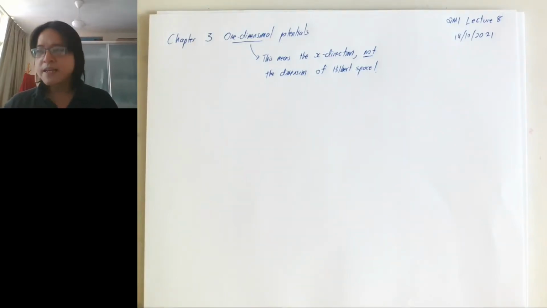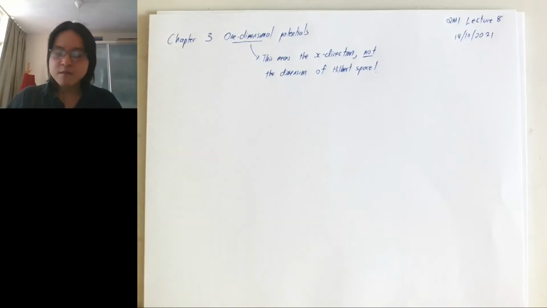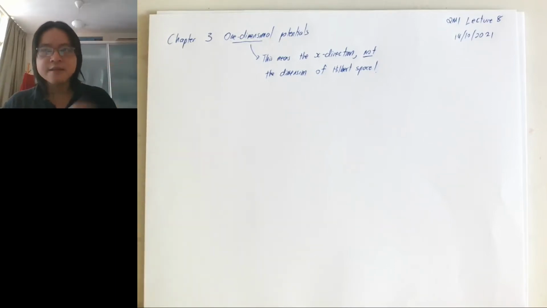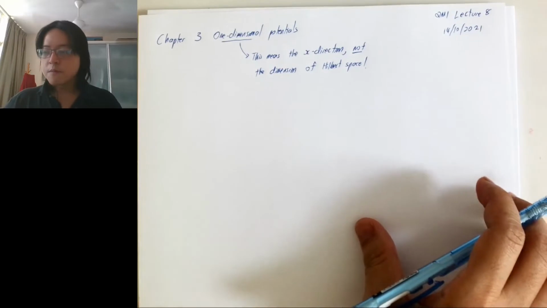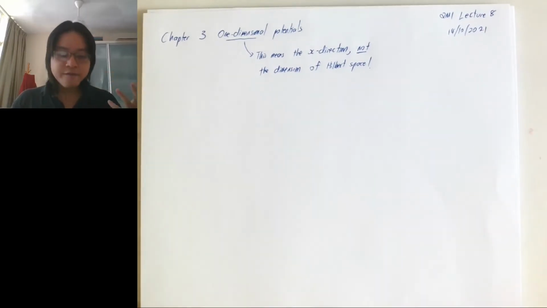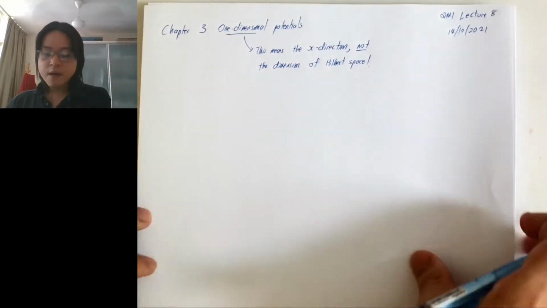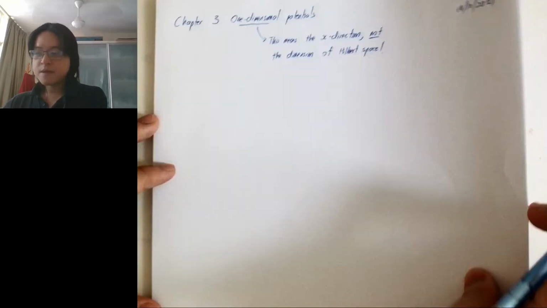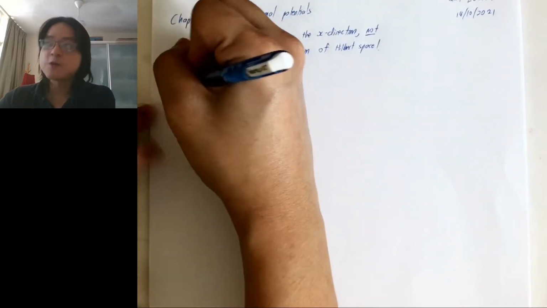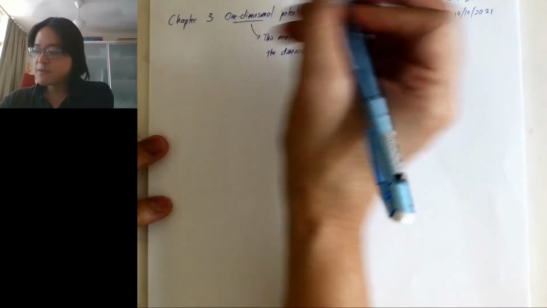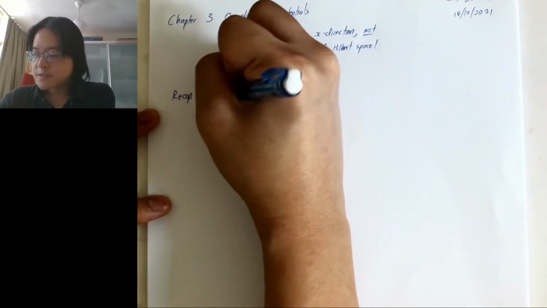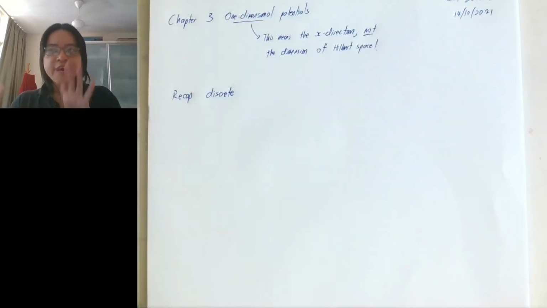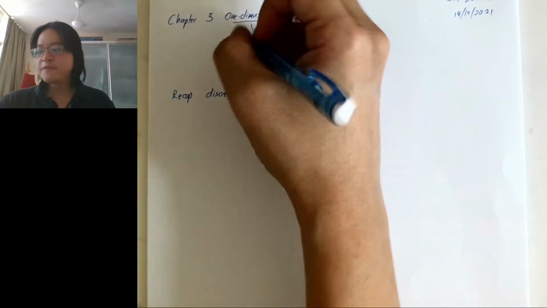Okay, it sounds scary, infinite dimensional, but actually you guys have done this before already in modern physics. So we're going to do this again, right? But before we do that, let me recap a few things about discrete Hilbert space first, so that it's not so scary to suddenly jump into infinite dimensional.